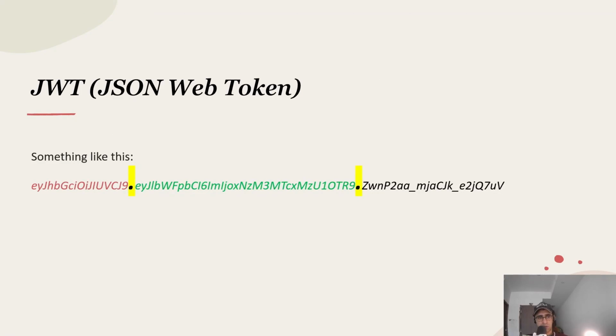The second component of JSON Web Token is the payload. You can see it in green here. Payload is a section where we decide what kind of information to put there. Once subsequent requests are made, that information will be evaluated on the backend, and the backend decides whether this person is authenticated or not.